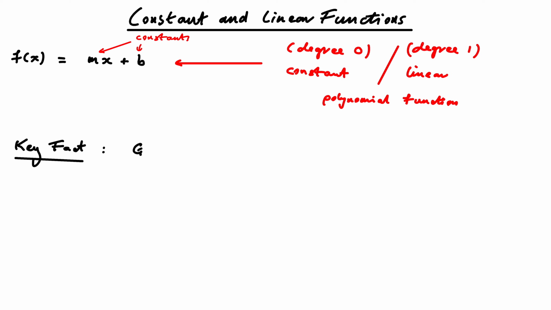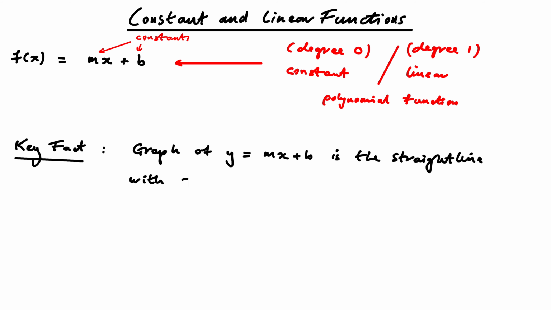So the graph of y equals mx plus b is the straight line with slope m. I'll explain that in a second.